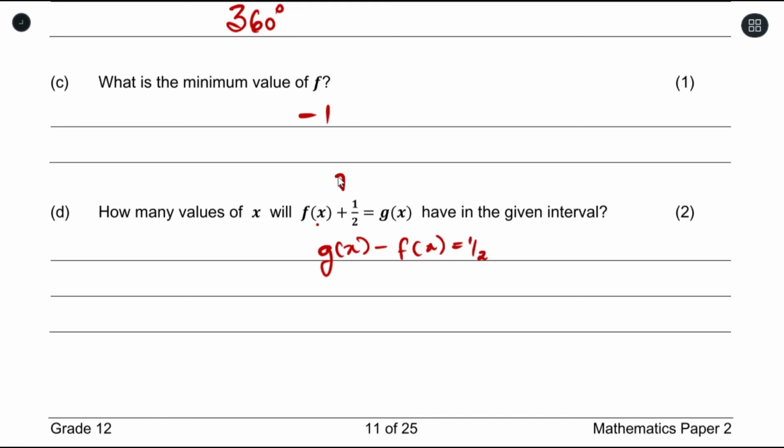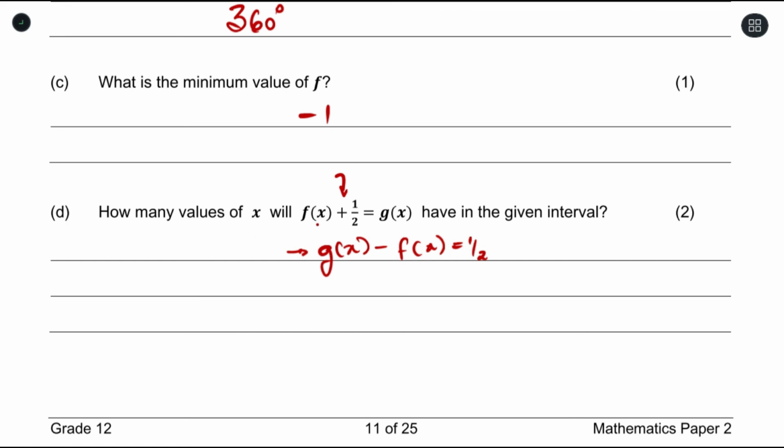So this is the same as that. Now, one thing you need to understand here is that how we look for it in our graph is that we're looking for where g(x) is above f(x), okay? And the difference between g and f, the y of g and the y of f, the difference needs to give you half.